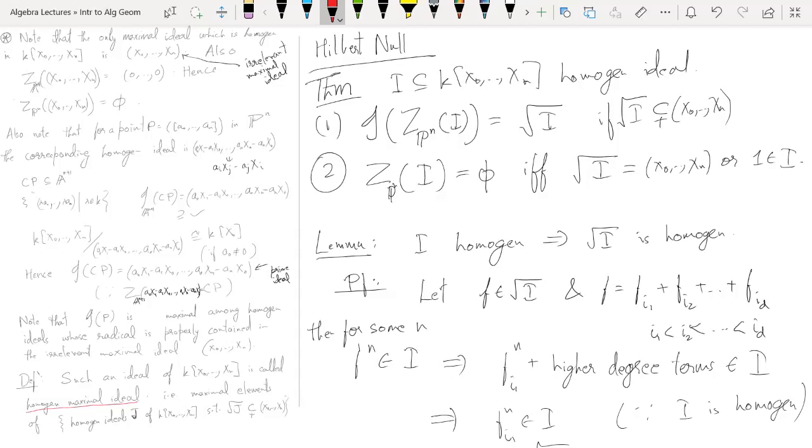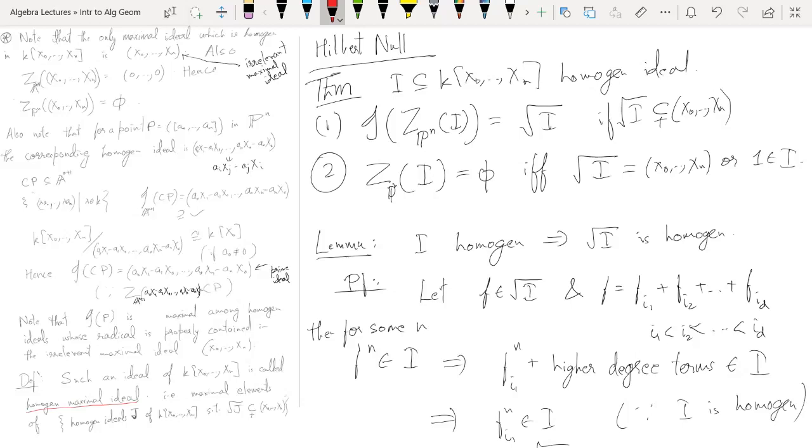Or if 1 belongs to I, so if I is the whole ring, then also we get that Z(I) is empty. So to get this on the nose, we insist that the radical of I is properly contained in (x0, ..., xn).